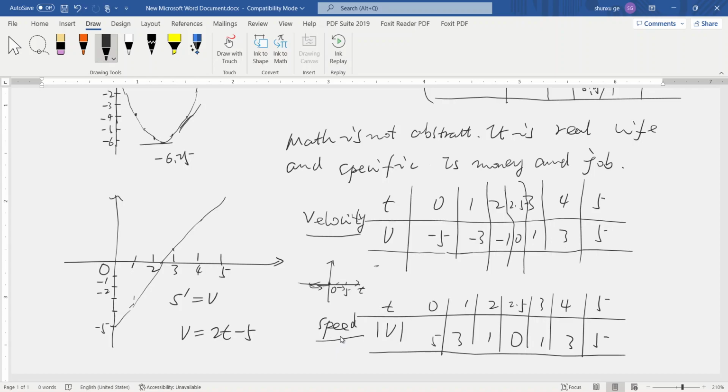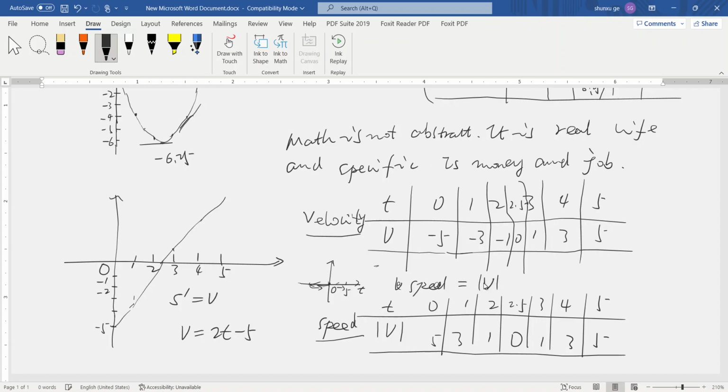Speed is a scalar. Scalar means everything is the same as velocity, but it has no direction. So speed equals the absolute value of the derivative of s.